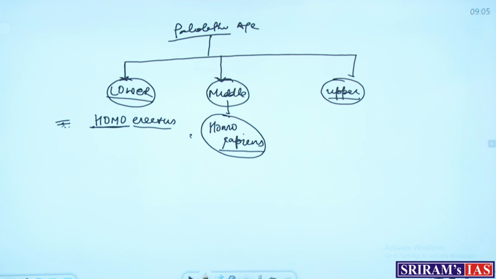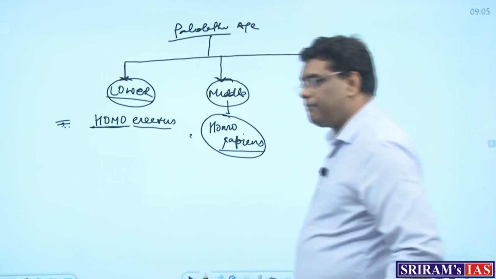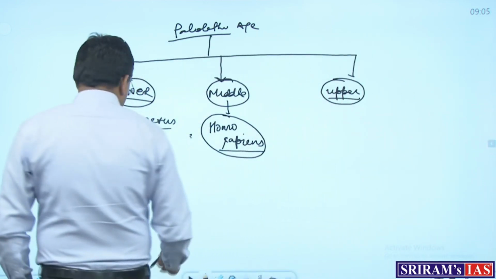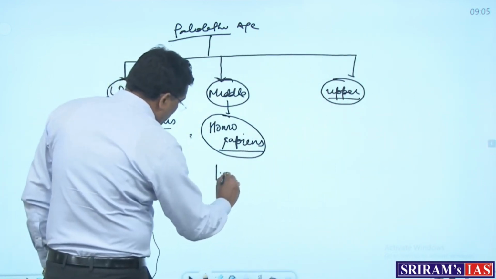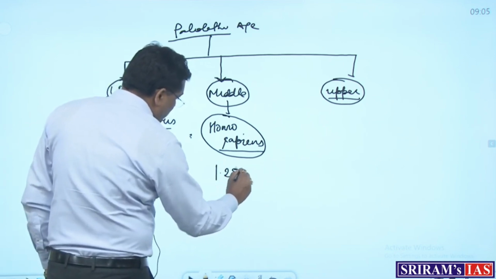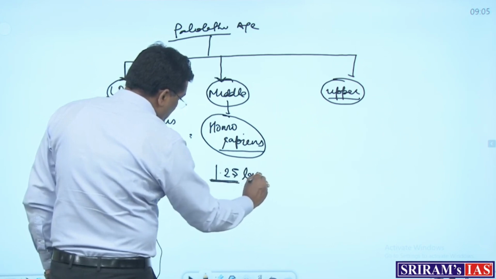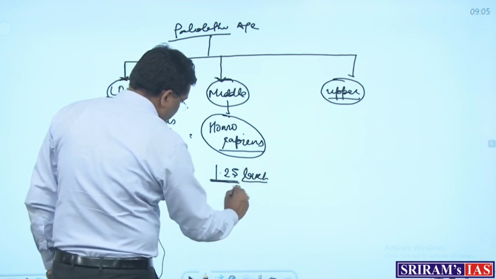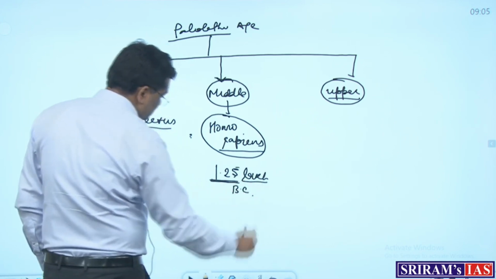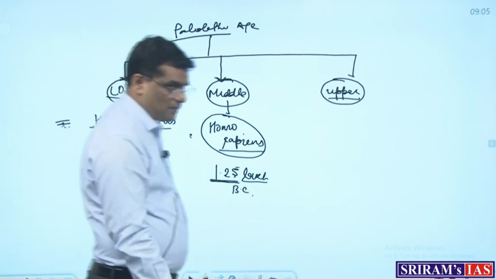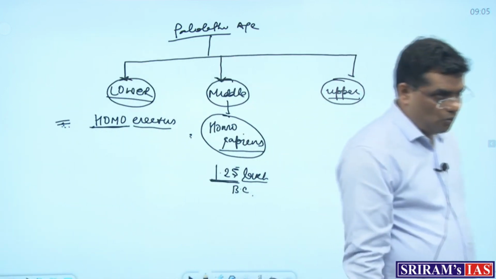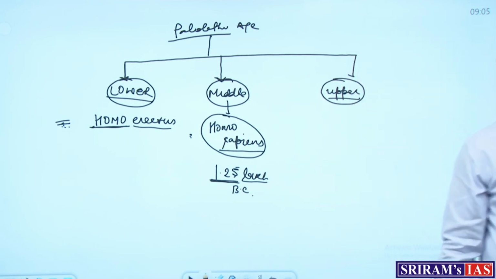10,000? No, not that recent. It's around 1.25 lakh BC, because the oldest fossil evidence of Homo sapiens found from Africa is not older than this age. So we are not older than 1.25 lakh BC.